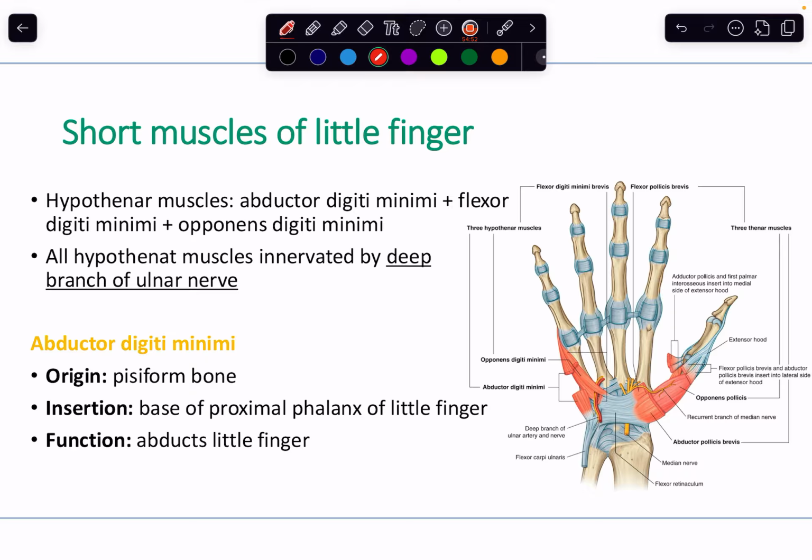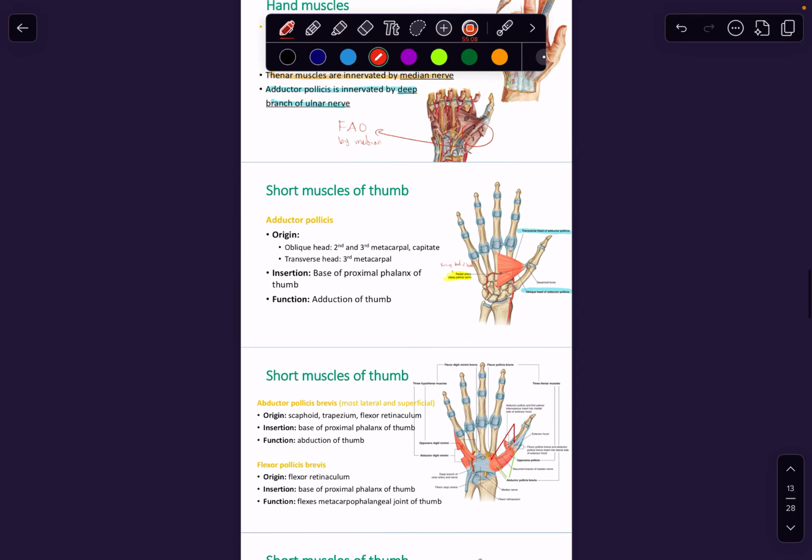Answer this. You are talking about adductor? Yes. So adductor, it is the fourth muscle of the thenar, but it is ulnar. Adductor, ulnar.